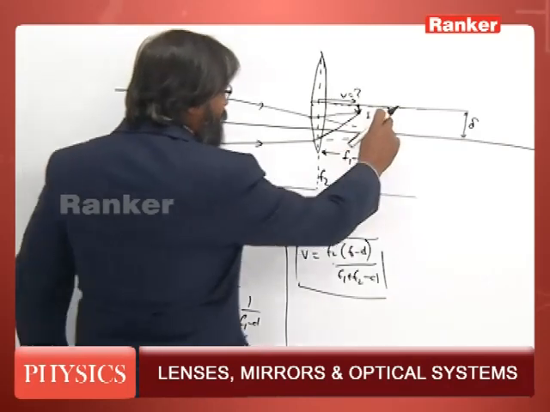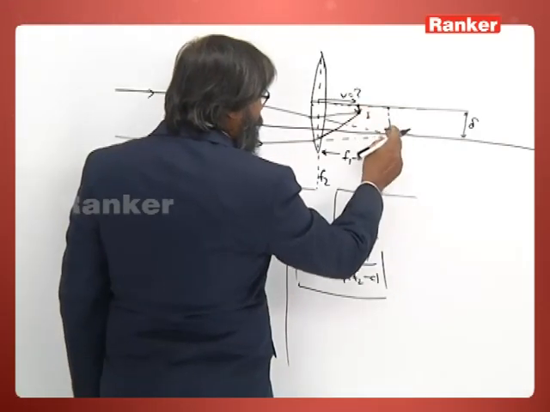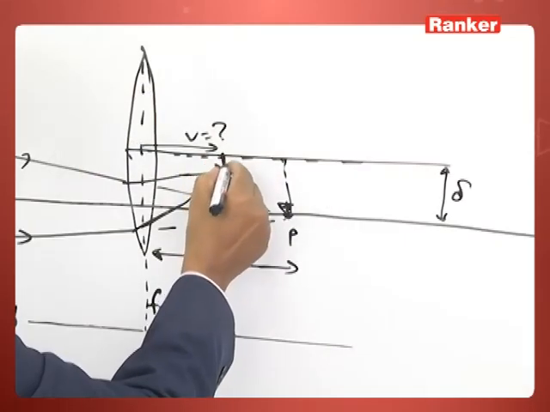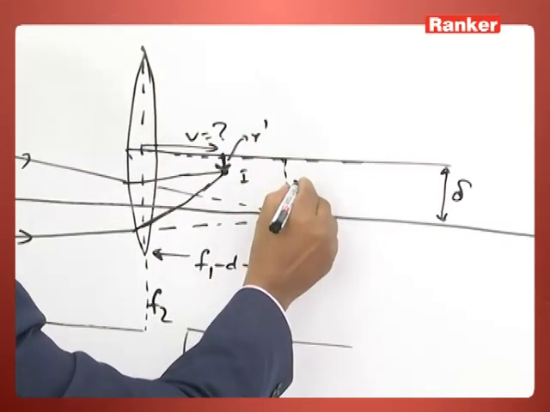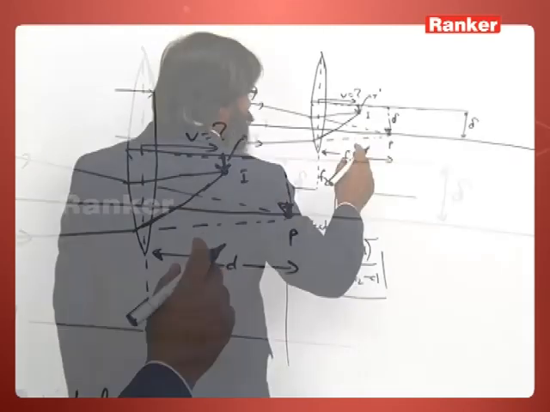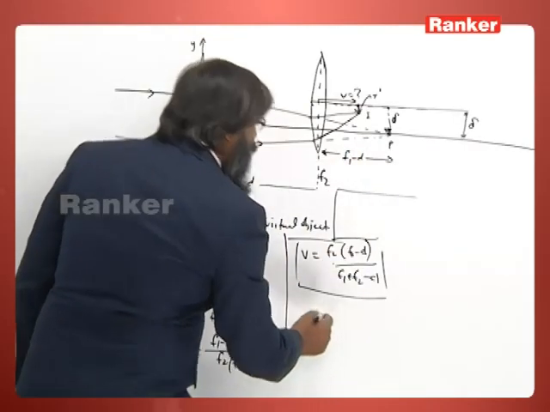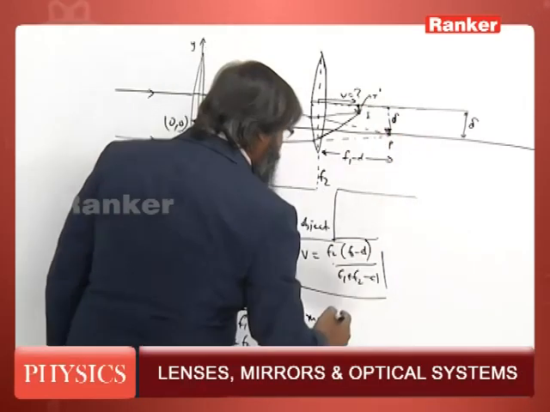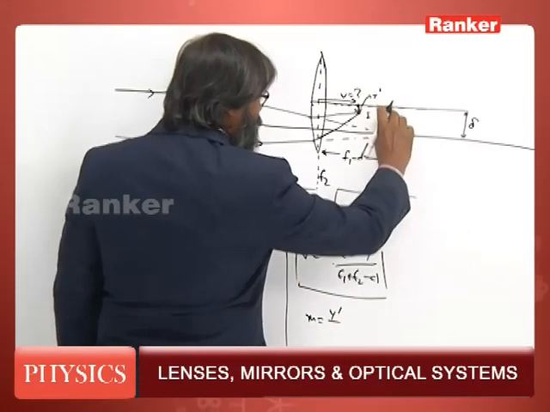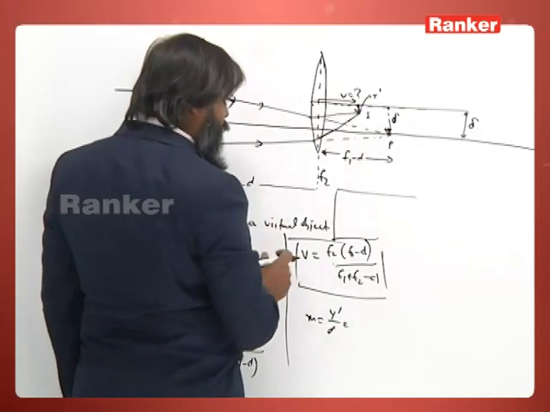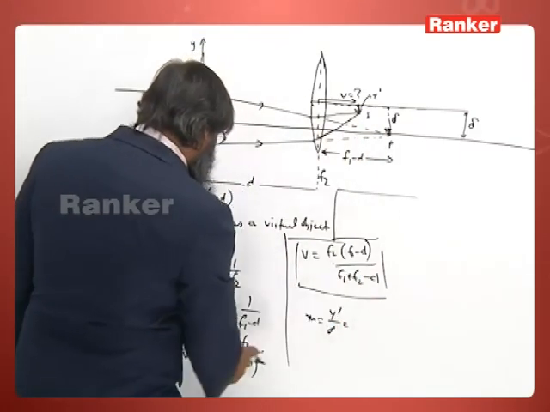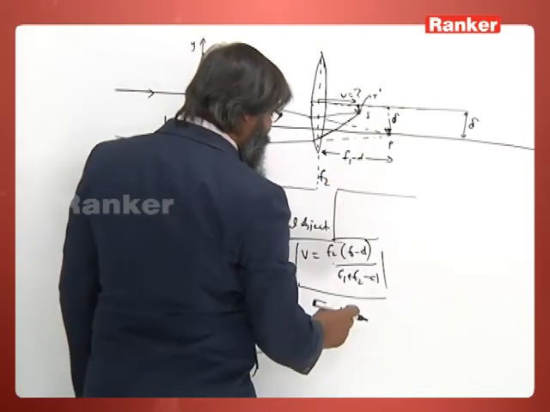So magnification, suppose this height is denoted by y dash, and this is y, here delta. So the magnification will be given by this y dash by delta is equal to v by u. Now v is this much, divided by u, which is f1 minus d.